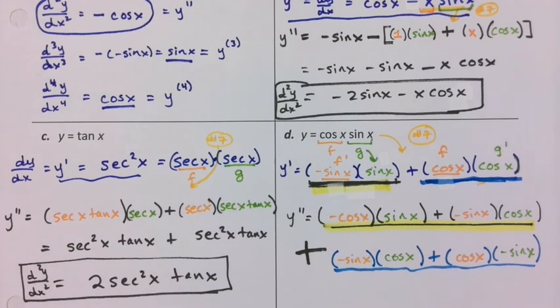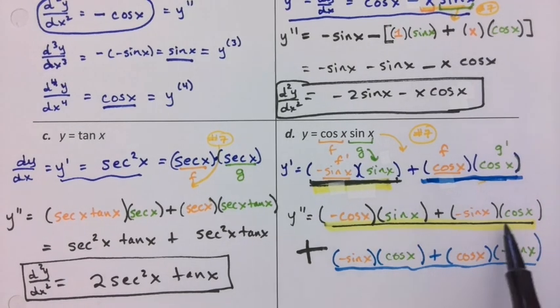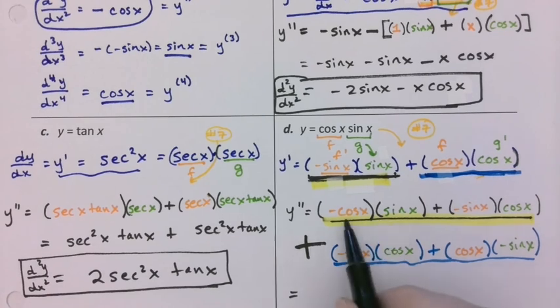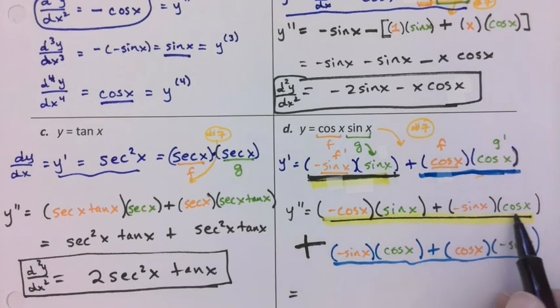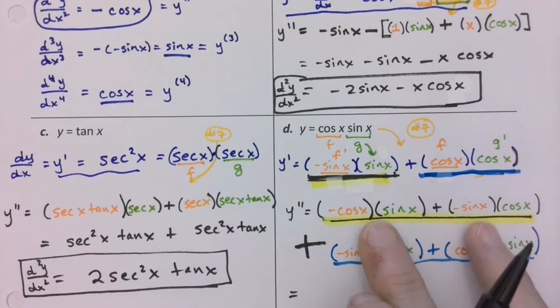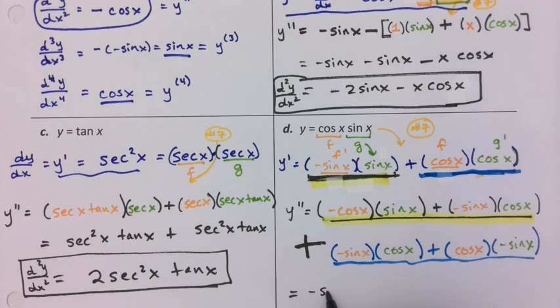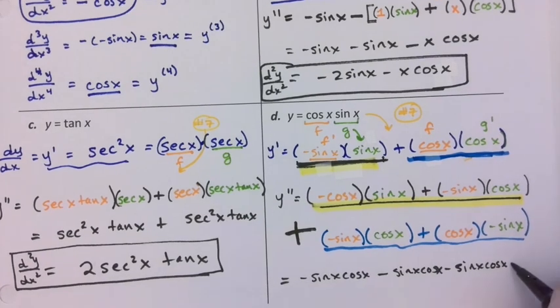However, this is going to simplify down a lot because in case you didn't notice, there's things going on here. So this is negative cosine sine, negative cosine sine. So these two are both like terms. So it's negative sine x cosine x minus sine x cosine x minus another sine x cosine x and minus another one.